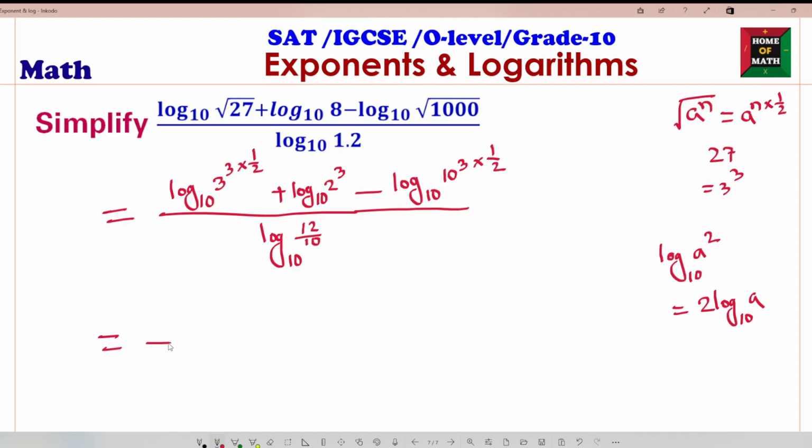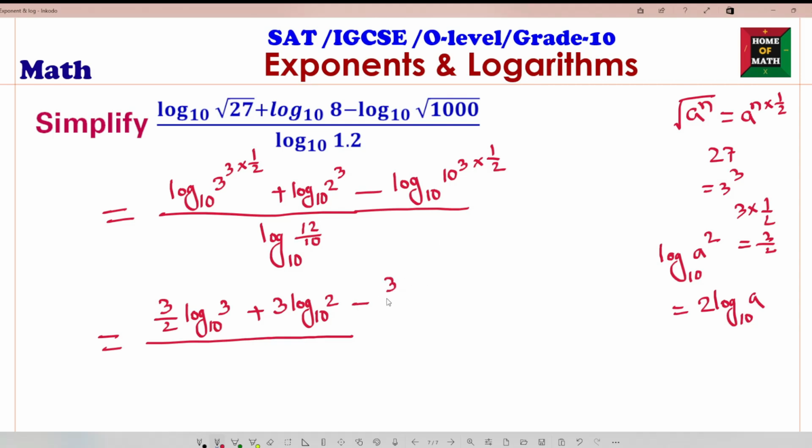It means here is 3 times 1 by 2, we can write 3 by 2, like so, 3 divided by 2, and here is log base 10 3 plus 3 log base 10 2 minus, similarly here 3 divided by 2 log base 10 10.